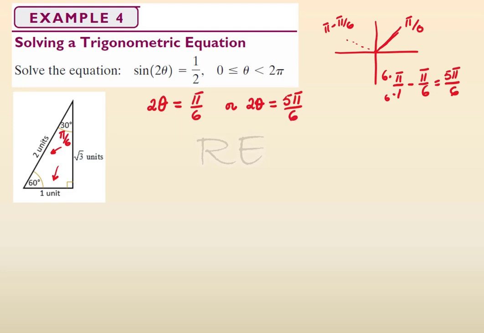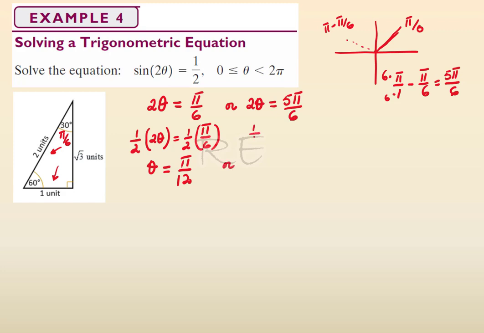Now to get theta, we are going to multiply both sides by 1/2. So half of 2 theta is equal to 1/2 of pi over 6. Therefore, theta is equal to pi over 12.